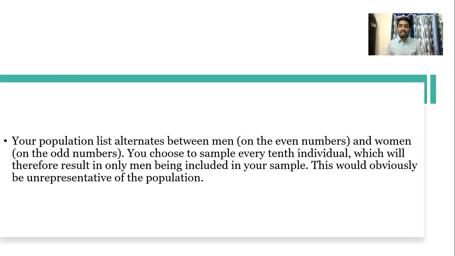Each time the 11th person is chosen, we will have a mix of men and women. At that time your research is going to be bias free, and it is going to give you a representative population.